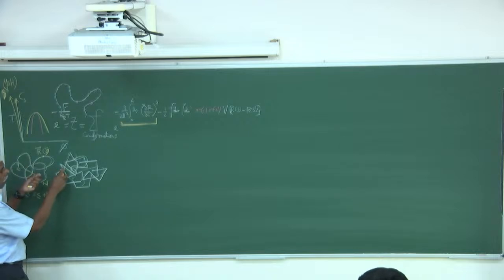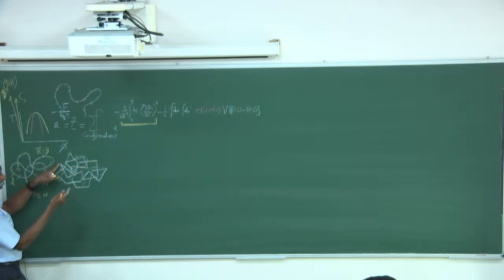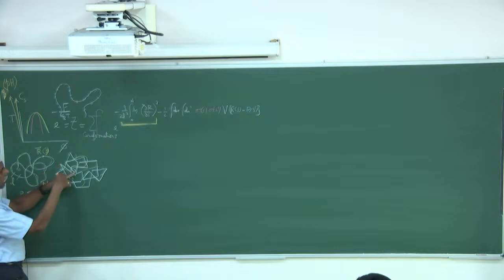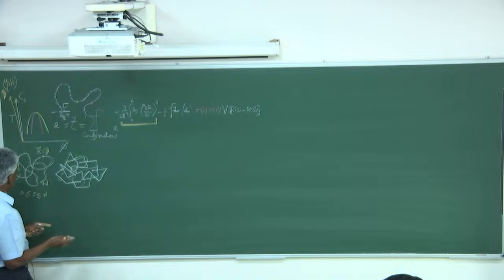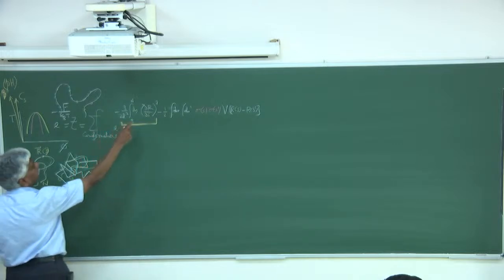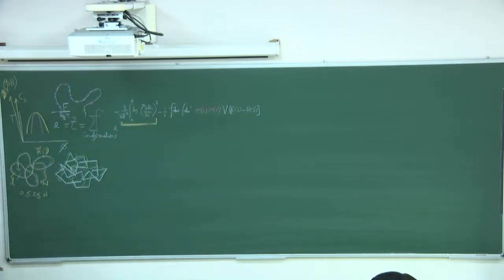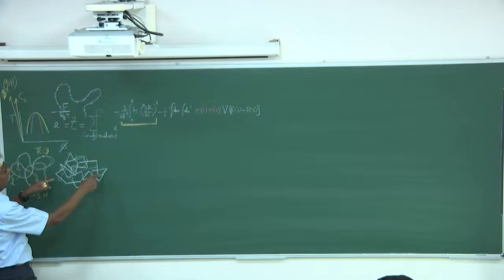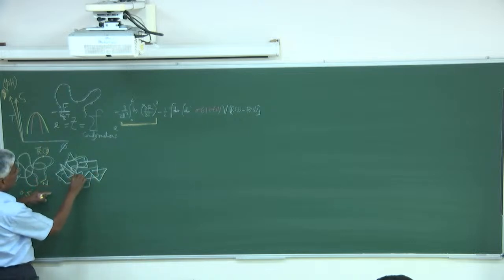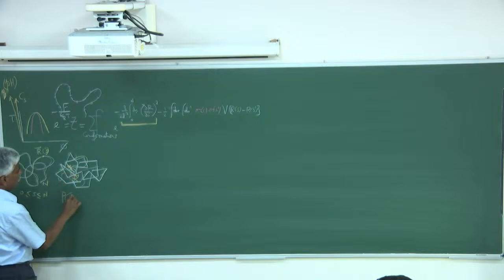The probability of getting R, one end at R, other end at 0, can be written from random walk statistics as exp(-3R²/(2nL²)). n is the number of steps you make, and then there is a prefactor, (3/(2πnL²))^(3/2). That prefactor is not important, but it's a Gaussian. It is a random walk, Brownian motion if you like, in terms of time, but now time is n, the arc length variable. So that is the distribution function for end to end distance.